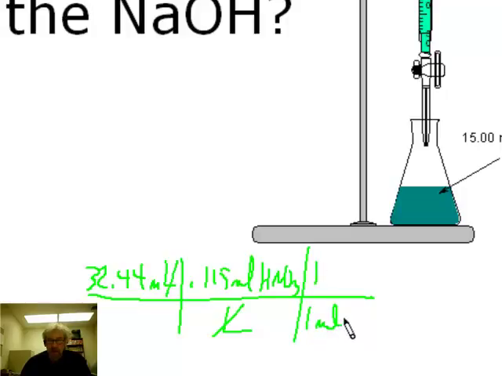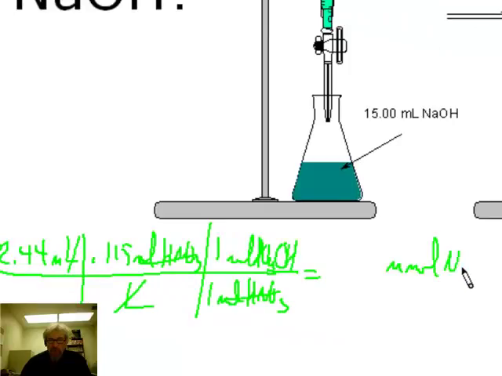1 mole HNO3 reacts with 1 mole of NaOH. So with moles of HNO3 canceled out, I now end up with millimoles of NaOH that were in the flask. The numerical answer here to 3 significant figures is 3.73 millimoles.